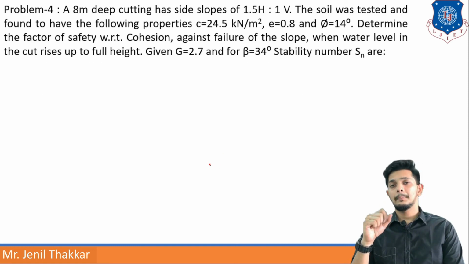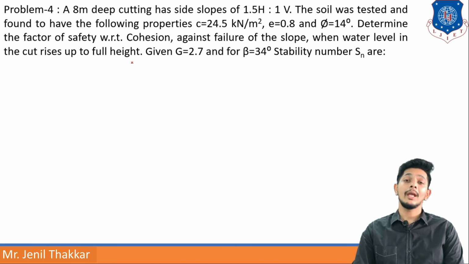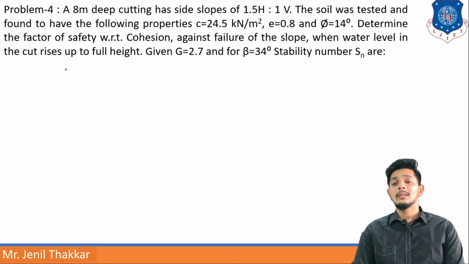Moving forward to a problem: an 8 meter deep cutting has side slopes of 1.5 horizontal to 1 vertical. The soil was tested and found to have the following properties: C, cohesion, 24.5 kN per meter square, E, void ratio, 0.8, phi, that is 14 degrees. Determine the factor of safety with respect to cohesion, so we have to find FC, against failure of the slope when the water level in the cut rises up to full height.